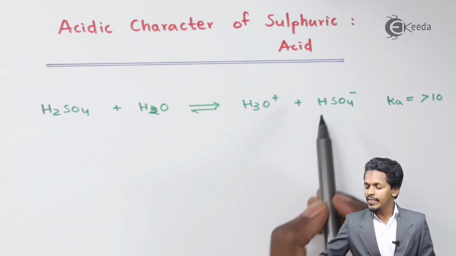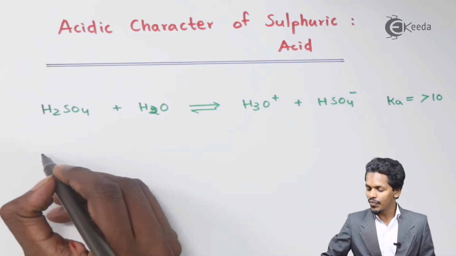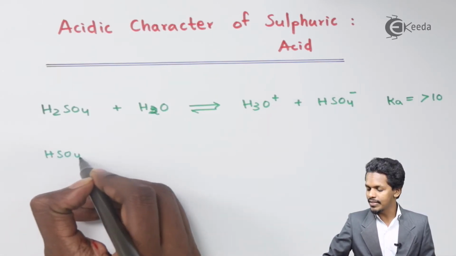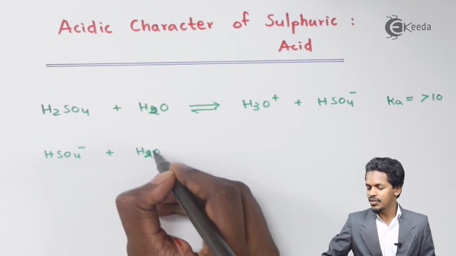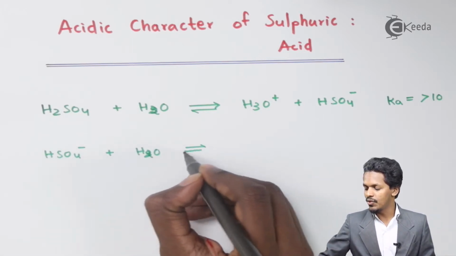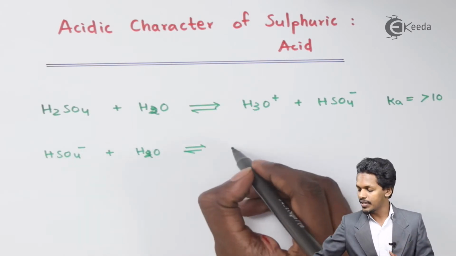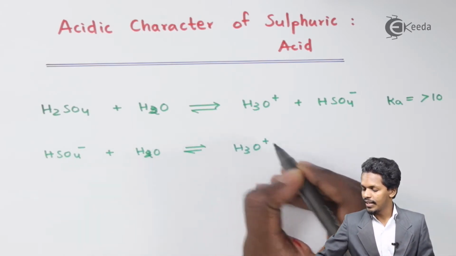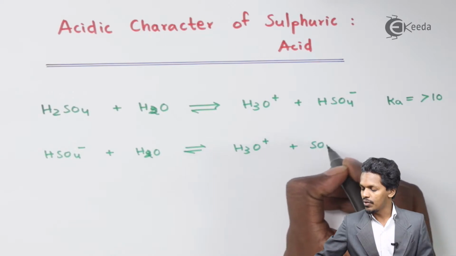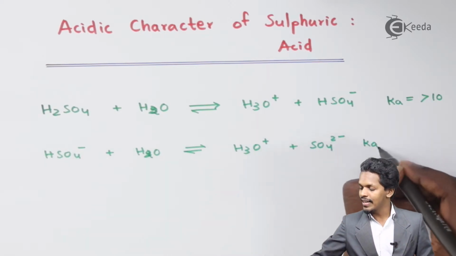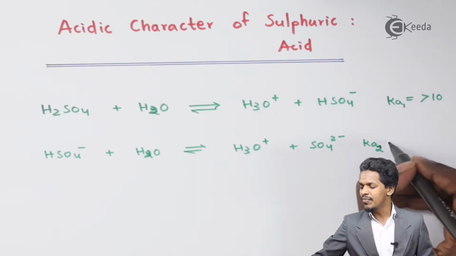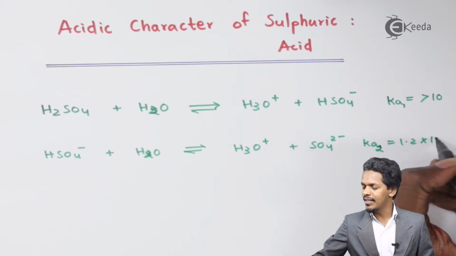But if I talk about the further dissociation, we have HSO4-, and if it gets dissolved in water, it forms H3O+ along with SO4 2-. This is the second dissociation constant, and it has been found to be 1.2 into 10 raised to minus 2.